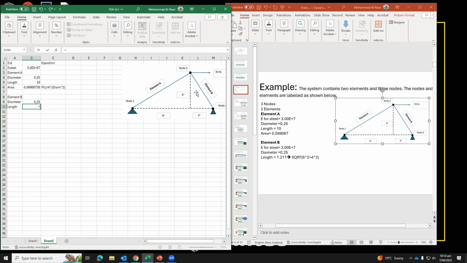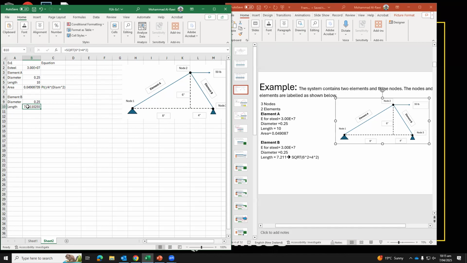So you could use the square root to find that. SQRT is the square root, and it will be 6 inch squared, don't need units, plus 4 squared. And that will give me precisely the length of element B.